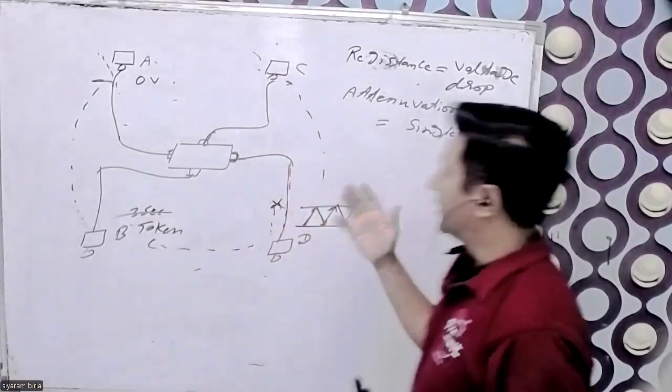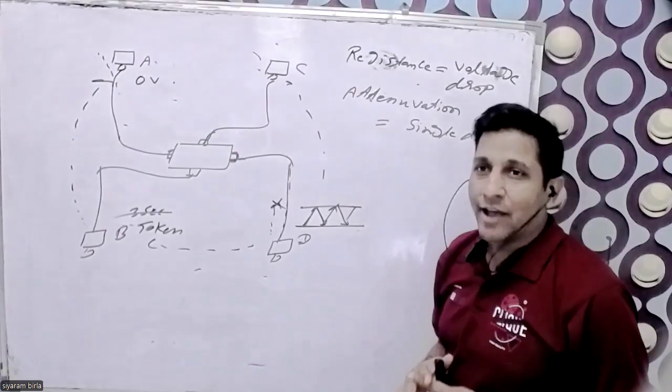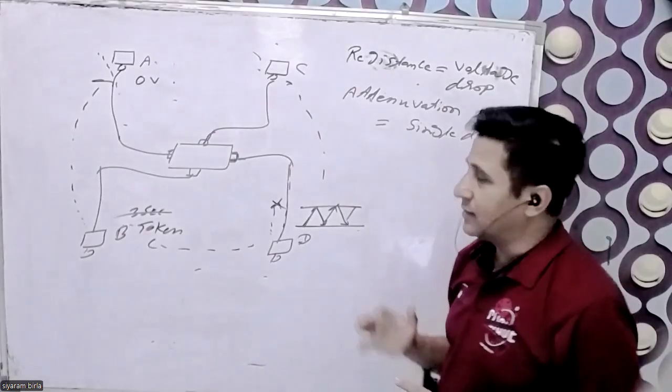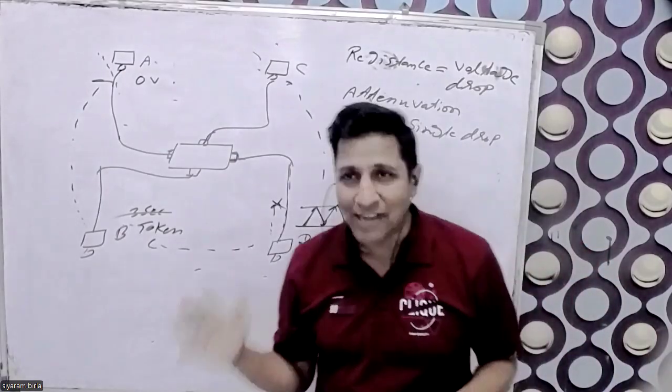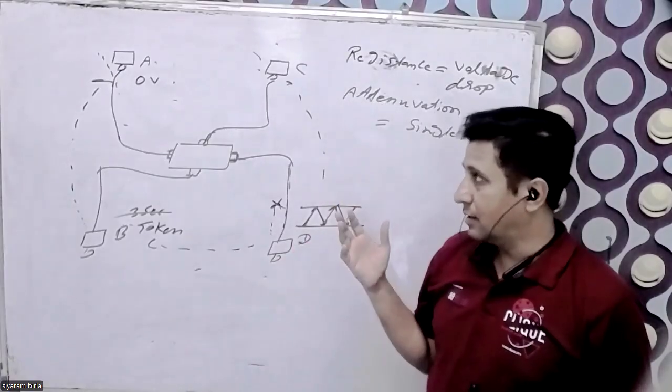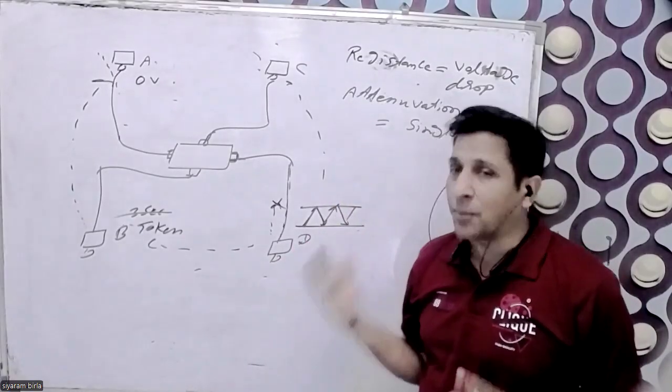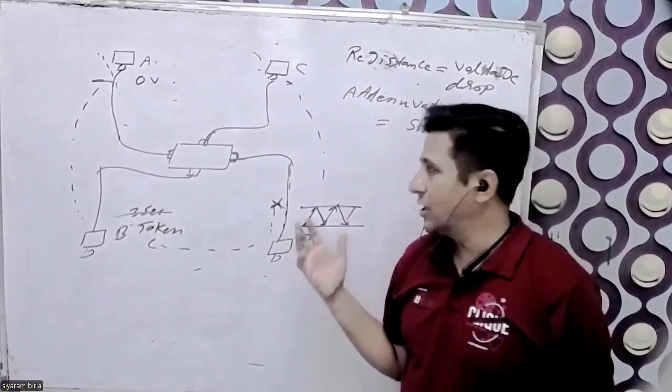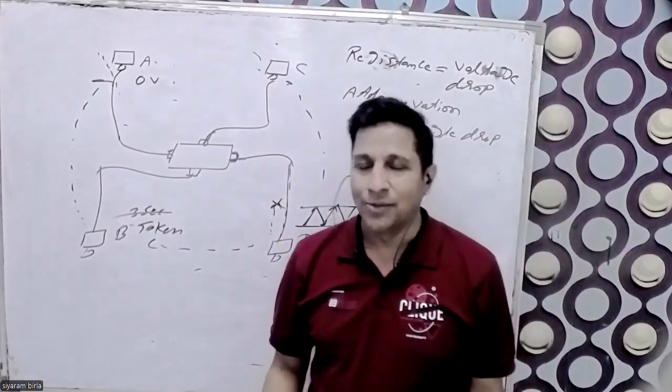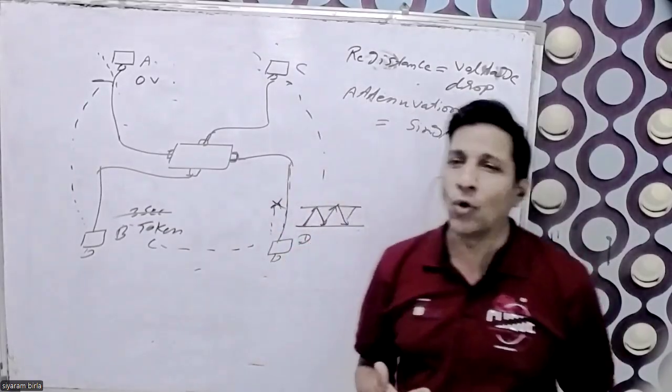Due to the voltage drop, the signal strength is decreasing. That's why the signal does not flow properly between the source and destination, because signal strength is low.